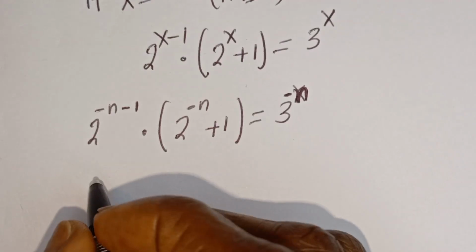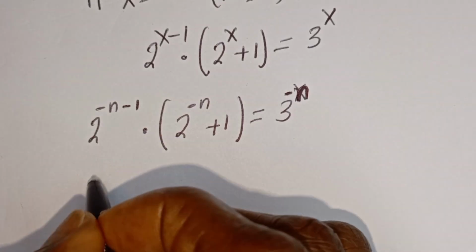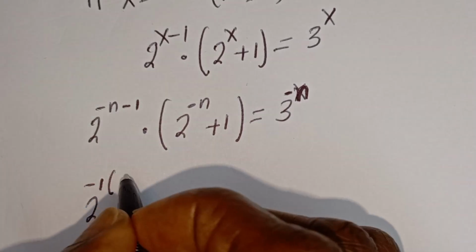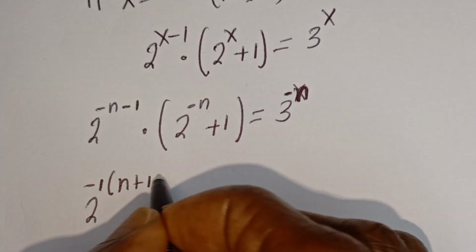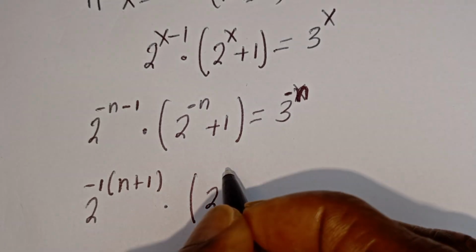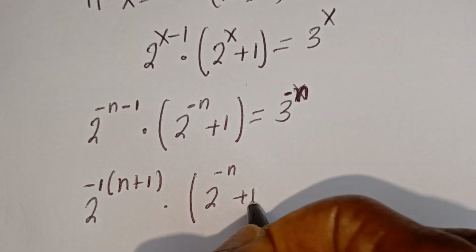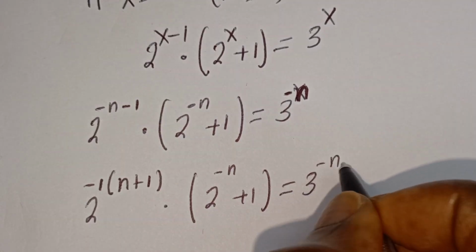Then this can be written as 2 to the power of minus 1 bracket n plus 1 multiplied by 2 to the power of minus n plus 1 is equal to 3 to the power of minus n.